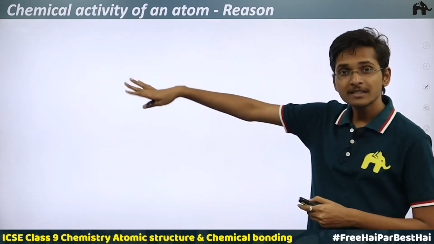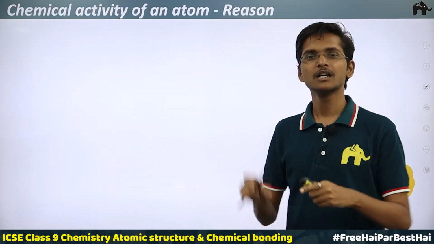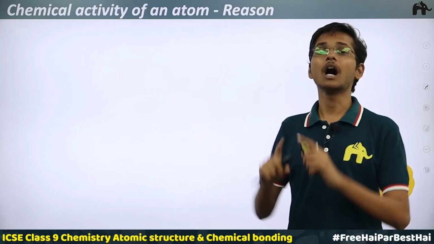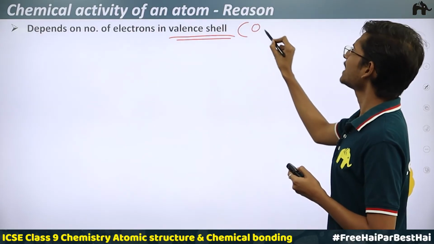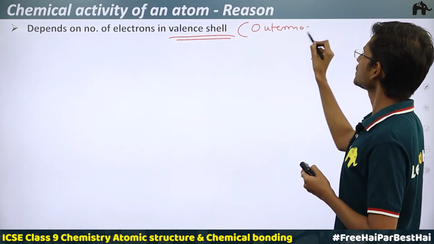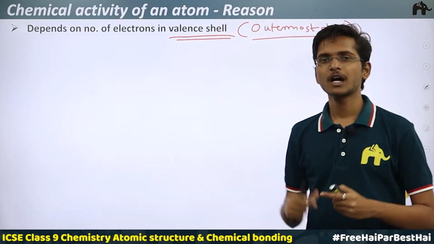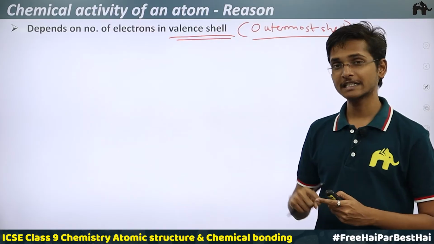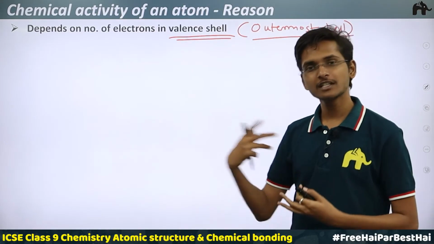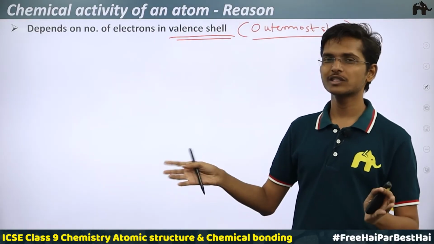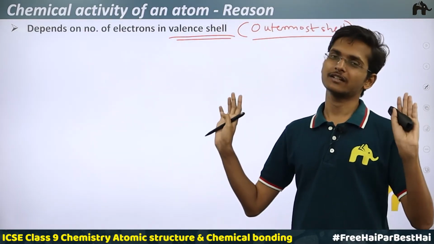This chemical activity of an atom depends upon a very important thing, which is the number of electrons in the outermost shell. The outermost shell is called the valence shell. You just need to remember this. So how many electrons there are in that particular atom's outermost shell decides whether our atom would react with other atoms, travel and explore, or would not react with other atoms and meditate like the saints.